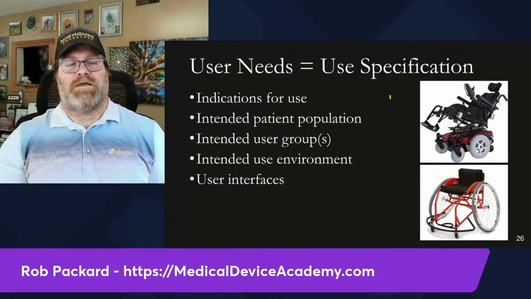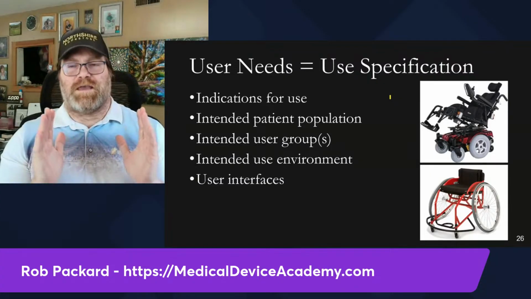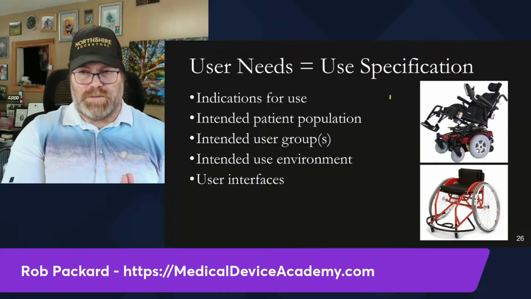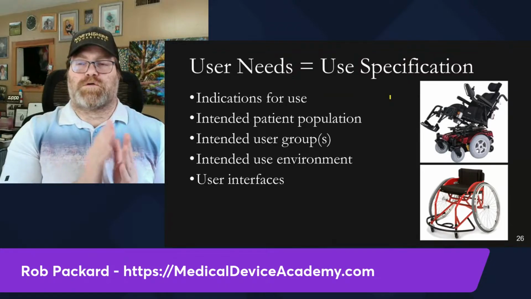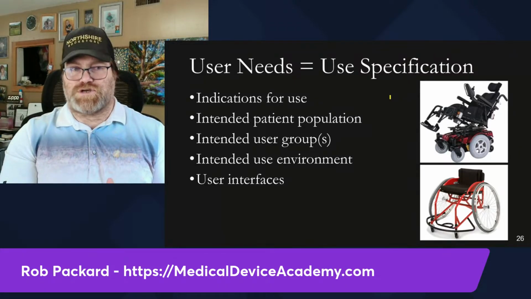User needs. This is the best example I've come up with for explaining what the difference is between user needs and inputs. Both of these wheelchairs are going to pass ANSI readiness standards, or they're going to pass tests that are ISO standards for wheelchairs.